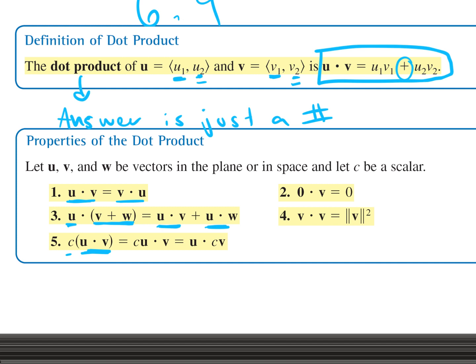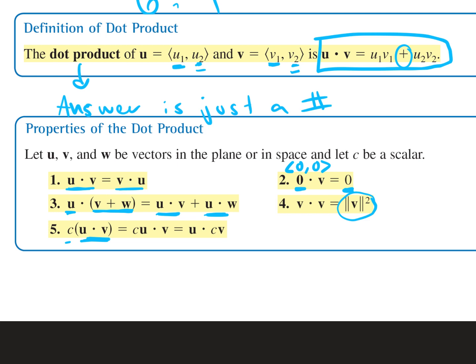And then if you take the dot product of the 0 vector, so that bold 0 is our 0 vector, which is 0, 0, with any other vector, your answer is going to be just 0. And then if you take the dot product of a vector with itself, your answer would be the magnitude squared.